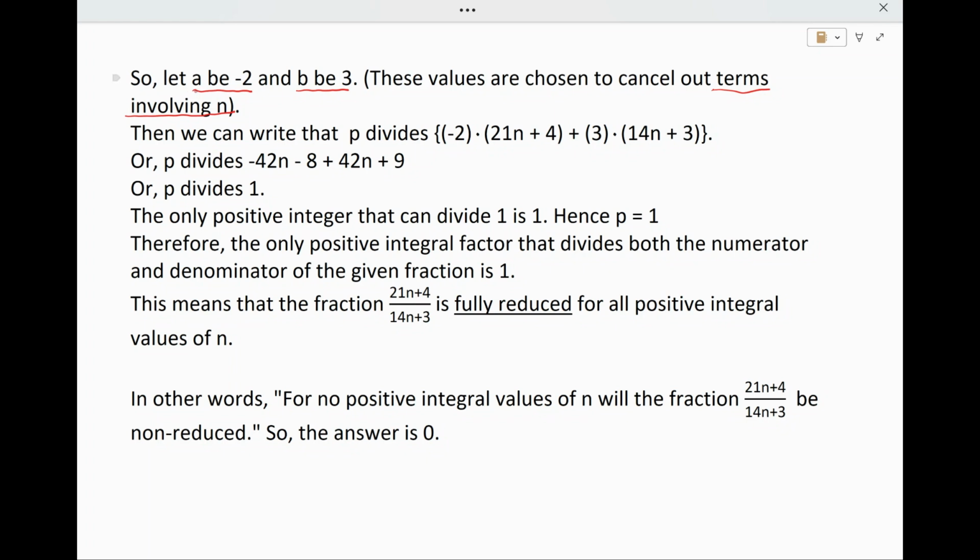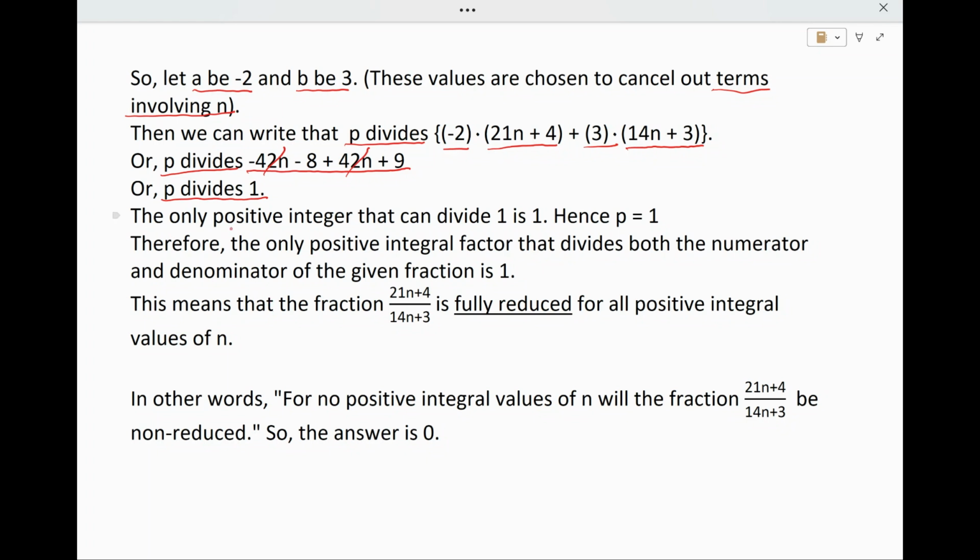With these two assigned values for A and B, we can write that p divides minus 2 into (21n + 4) plus 3 multiplied by (14n + 3). Simplifying it, p divides minus 42n minus 8 plus 42n plus 9. Since 42n and 42n will cancel, we get p divides 1.